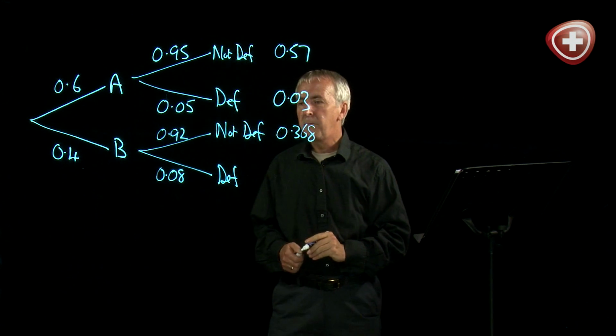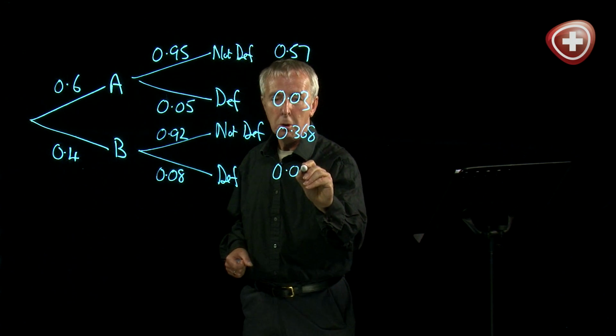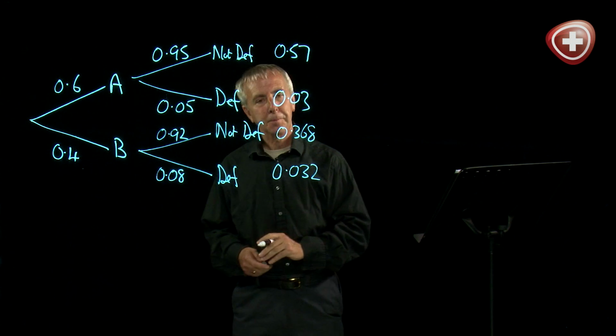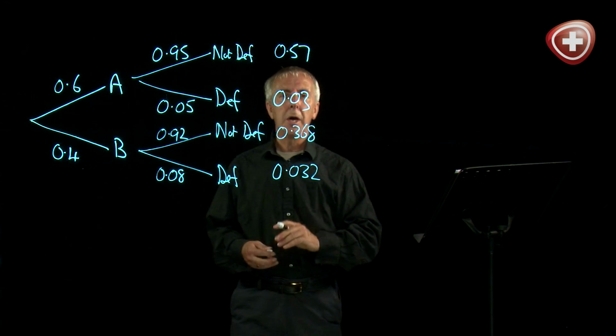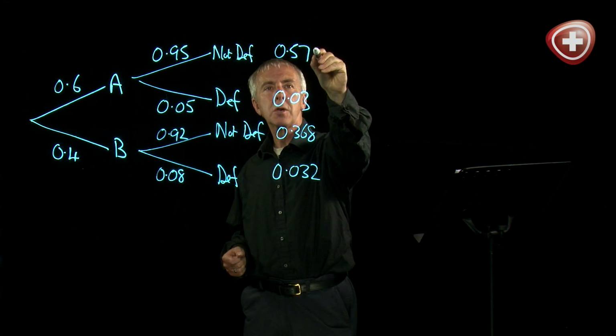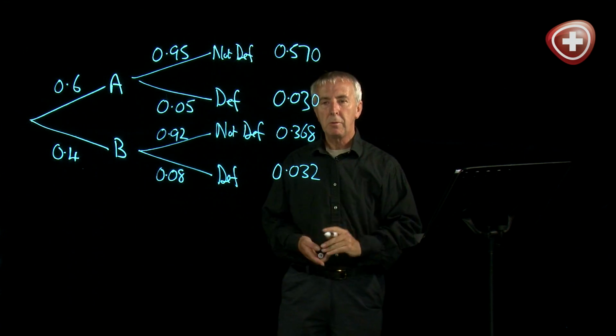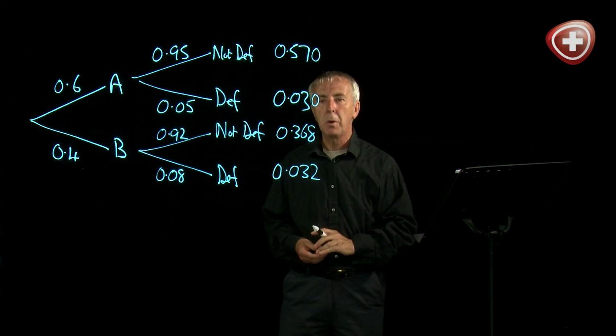And here we get 0.4 times 0.08, which is 0.032. And just for convenience, let's make them all into the same number of decimal places. We'll call this 0.570 and 0.030, and then we've got three significant figures, 3 decimal places to each of them.